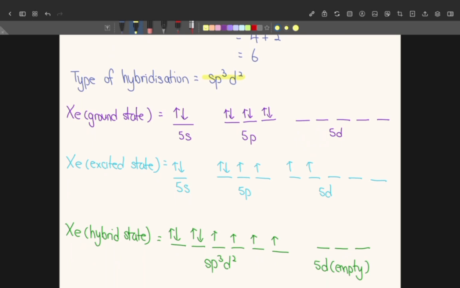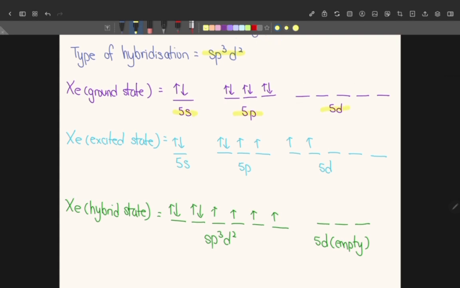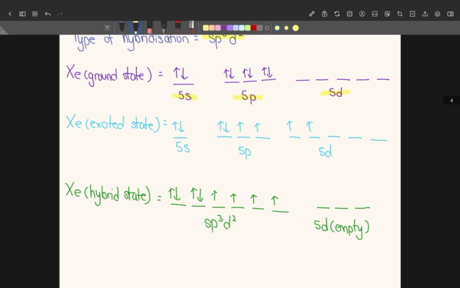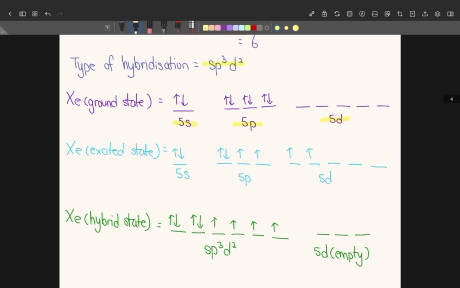So first is the ground state of Xe. Xe has 8 valence electrons. So we fill 2 electrons in 5s and 6 in 5p, and then 5d is an empty orbital. Next we move on to the excited state. For the excited state, you can see that of the electrons on 5p, these two are excited to 5d.